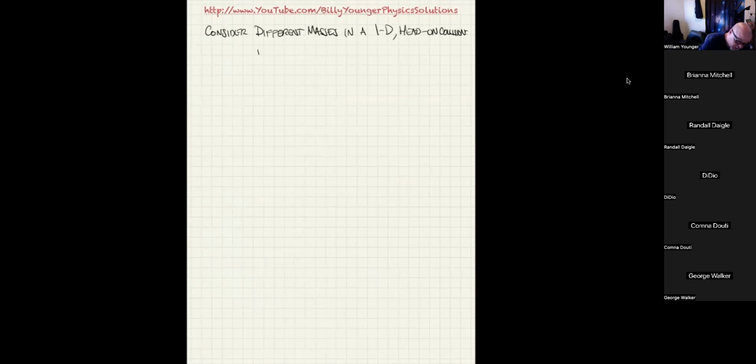So again, I've got equation 1, which is MA VA plus MB VB is equal to MA VA prime plus MB VB prime. I've got equation 2, which is equivalent to MA VA squared plus MB VB squared is equal to MA VA prime squared plus MB VB prime squared.